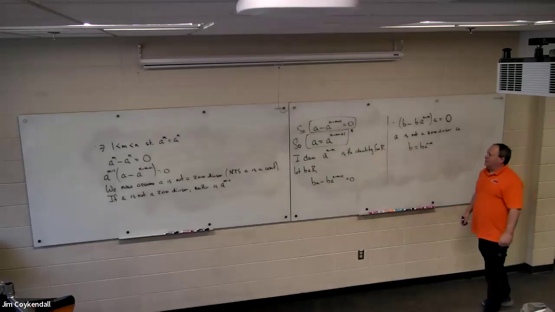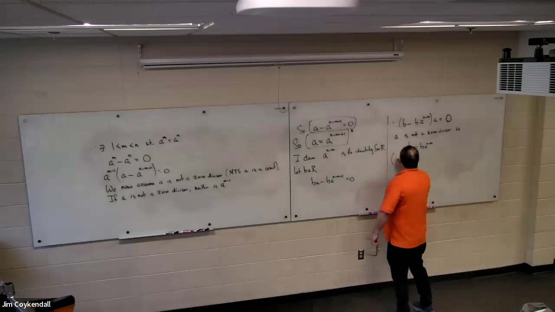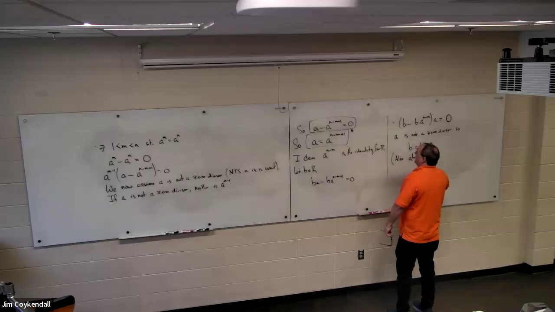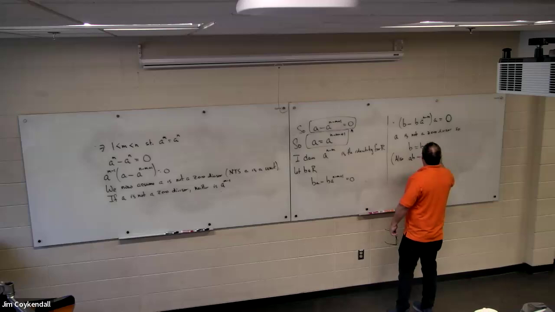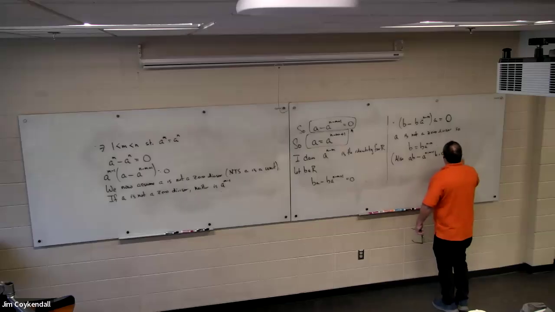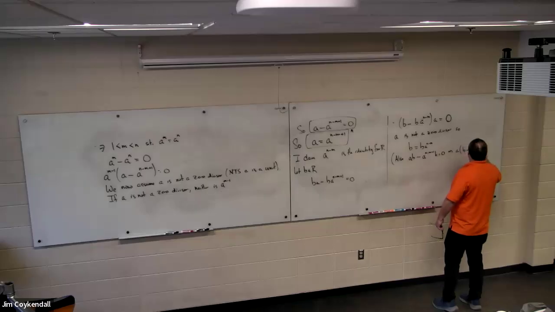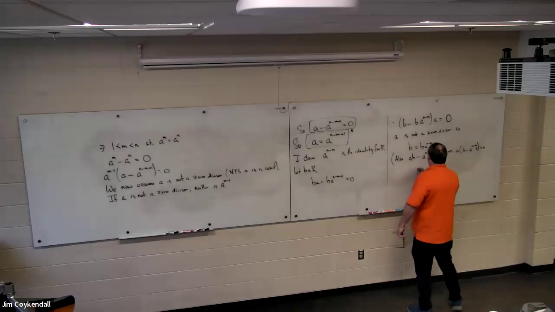In a similar fashion, I could have multiplied that on the other side by B and gotten AB minus A to the N minus M plus one B is equal to zero, which implies A times B minus A to the N minus M B equals zero.